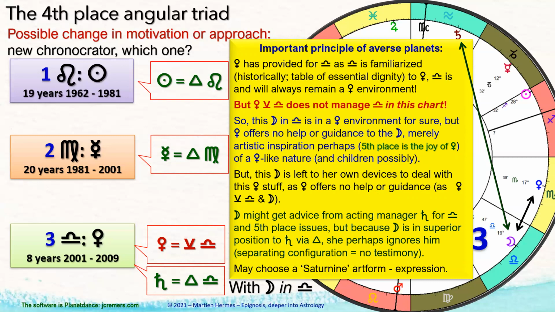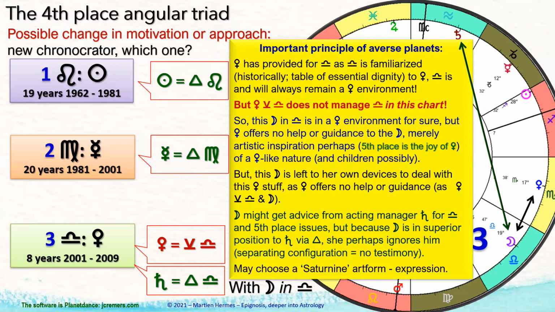Later we will see that this might have had a relation with childbirth, but let's have a look at it further. So this moon is in Libra, in a Venus environment for sure, but Venus offers no help or guidance for the moon in this period, simply because she's averse to her own place.